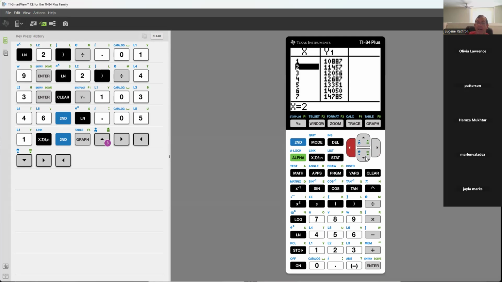Next was T equals 5. So I would go down to 5. Highlight that, 13,351. So I get $13,351.1. So that second one will turn into a 2 because of the 5. So that'll be $13,351.12.